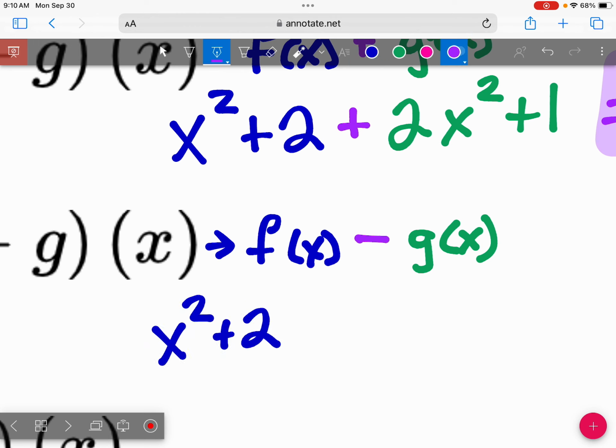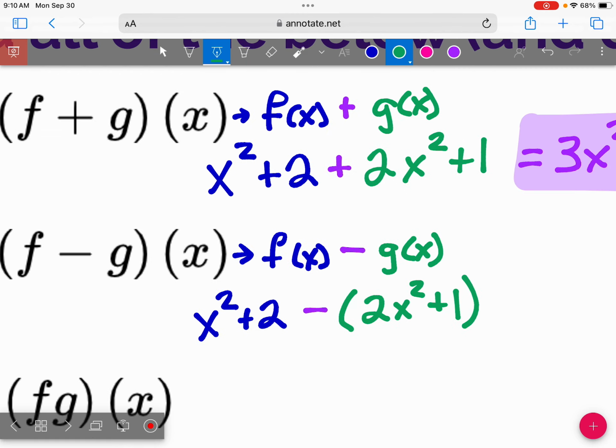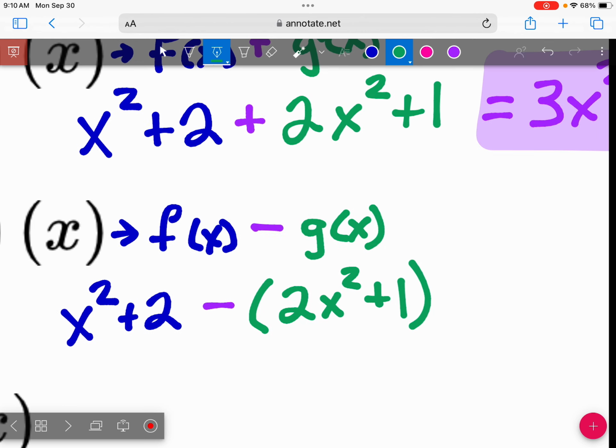And we need to subtract, so we've got to be very careful. I need to subtract everything from g of x. So my 2x squared plus 1, I'm going to put inside parentheses like this. We need to subtract all of g of x. So when we simplify this, what are we going to wind up with?